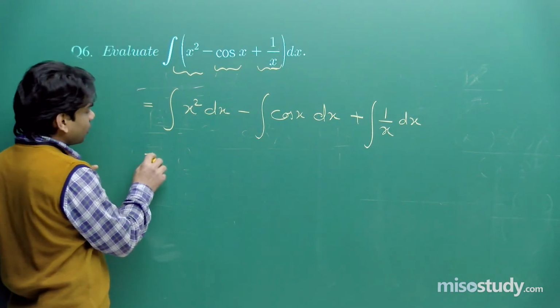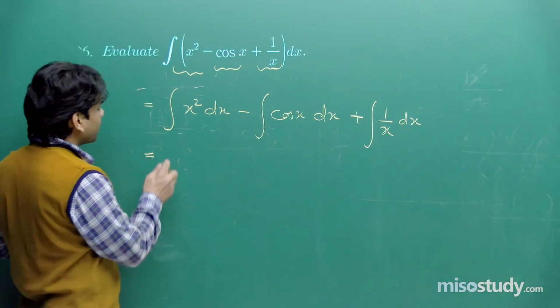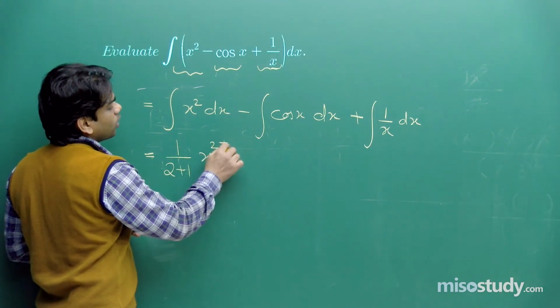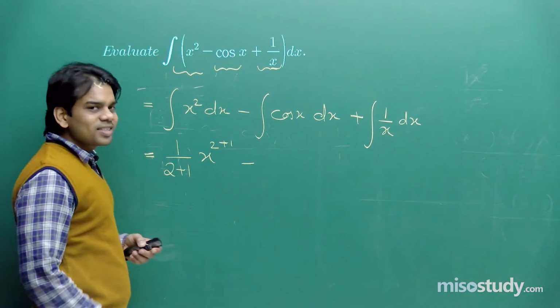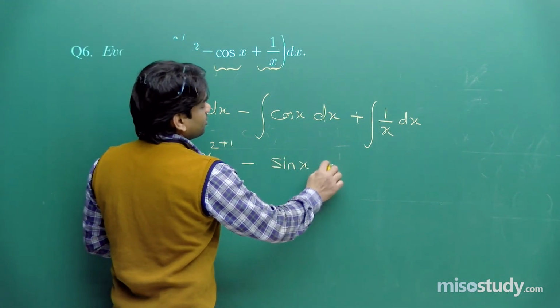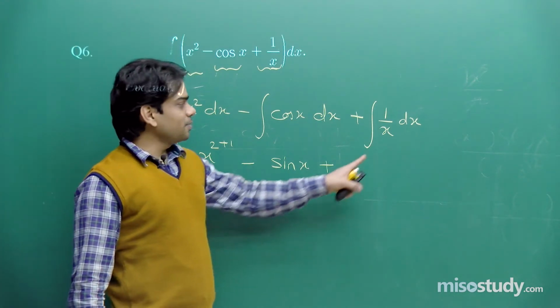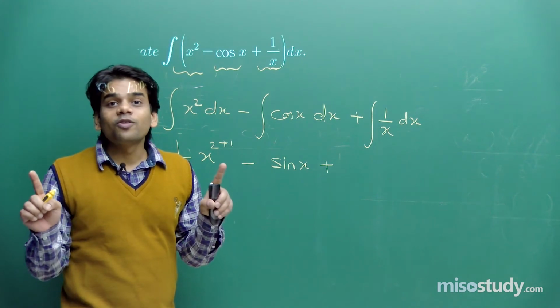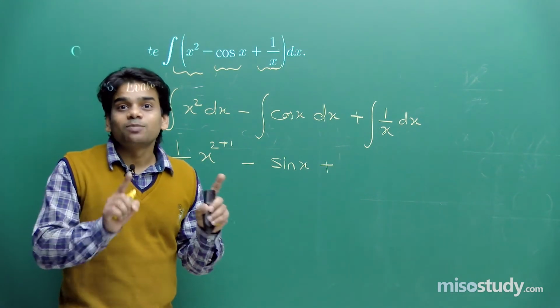So let's put up the values. X power 2 gives 1 upon 2 plus 1 times x power 2 plus 1, minus cos x, whose integration is sin x, so I'm directly writing sin x, plus this seems to be x power minus 1. But don't use the formula for x power minus 1 as x power n.